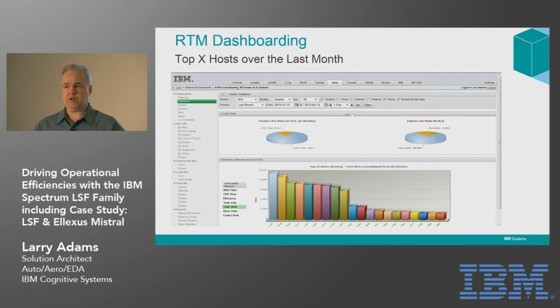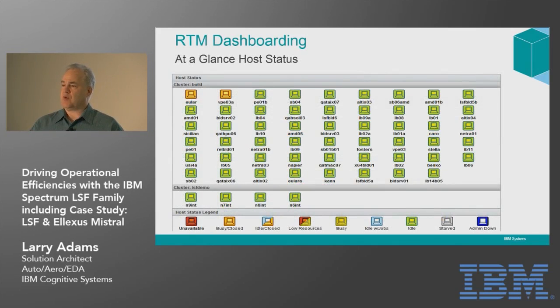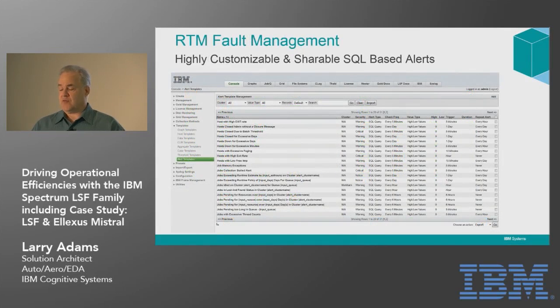Just some nice tapestry to provide management as to the utilization of the cluster. We give you a nice, what we call a host dashboard for smaller clusters. It's a little too much in the larger systems, but it gives you at a glance what's going on in the machine. How busy is the machine? What's going on?